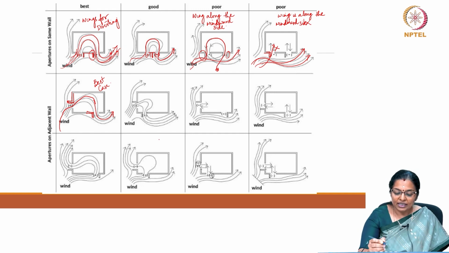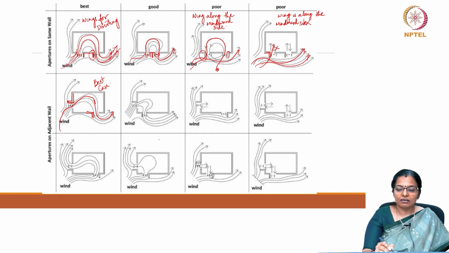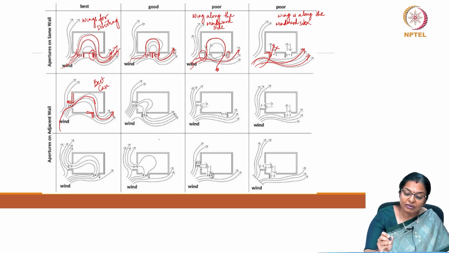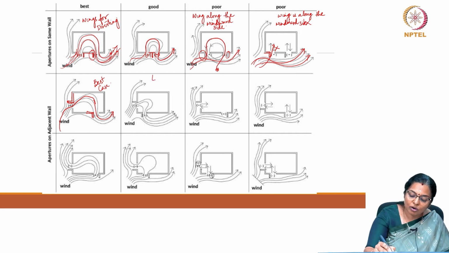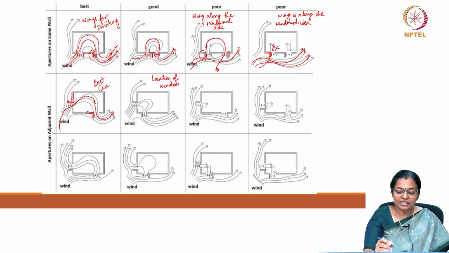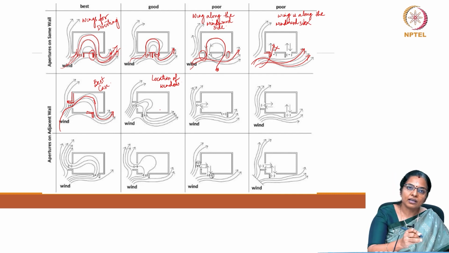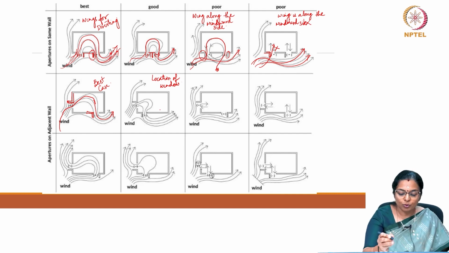And if you see a slightly lower case, what can be called good, it goes from the best to good only because of the location of the windows. Only that difference in the location of the window makes a particular situation go from best to good.